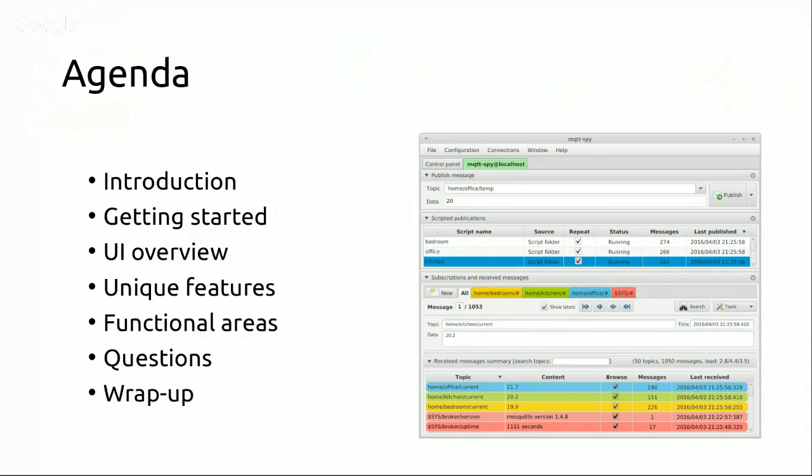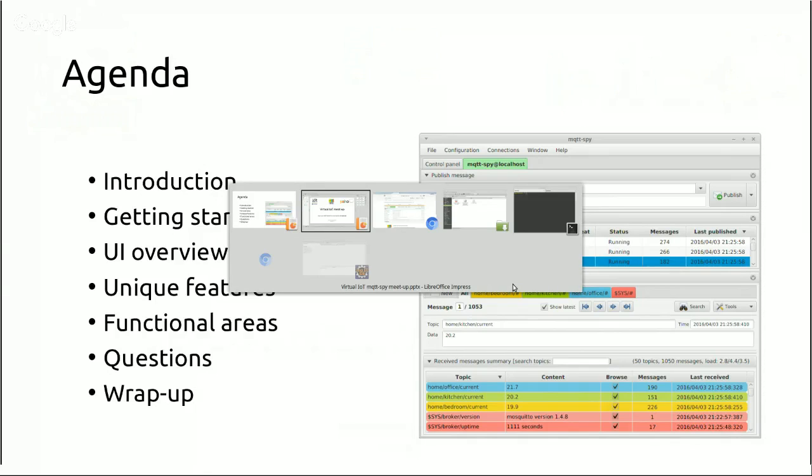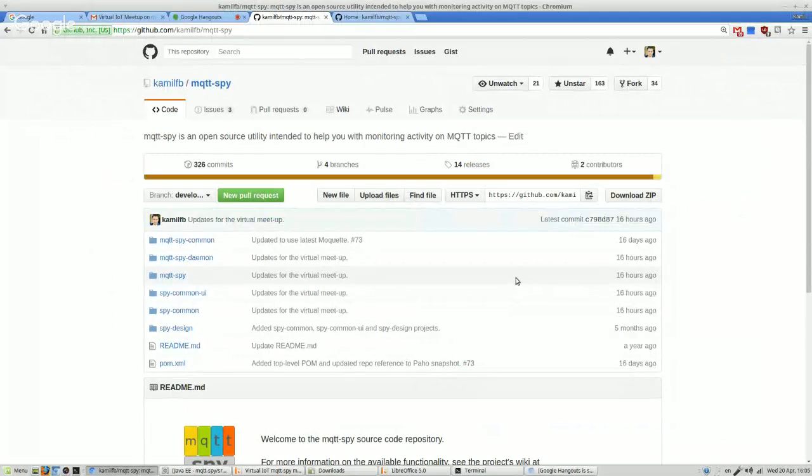I will just switch some windows, hopefully you'll be able to see everything. The best thing to start with is the homepage of the project on GitHub. That address might change in the future as the project moves to Eclipse, but for now, that's what it is, and I'll supply the links at the end.